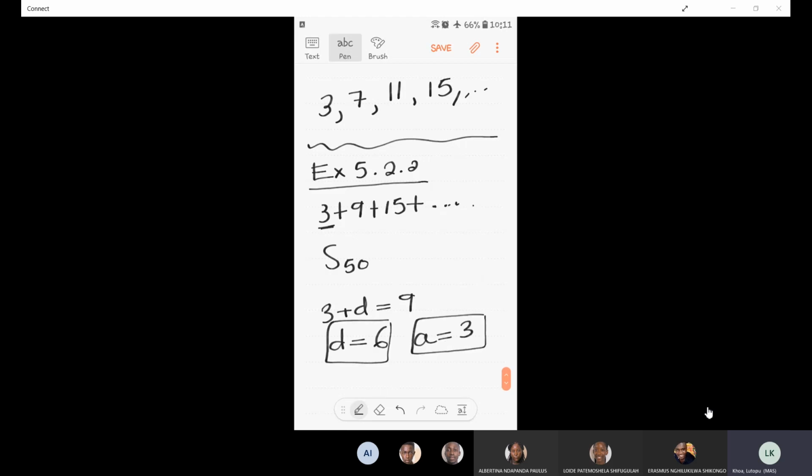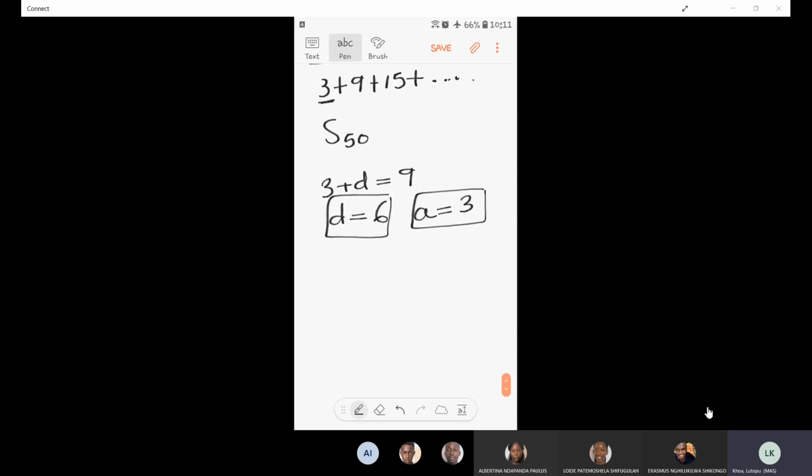So all I do is substitute my a and d into my formula for Sn. The formula for S50 is equal to 50 over 2, then we have 2 times a, which is 3, plus n minus 1, which is 50 minus 1, multiplied by d, which is equal to 6.